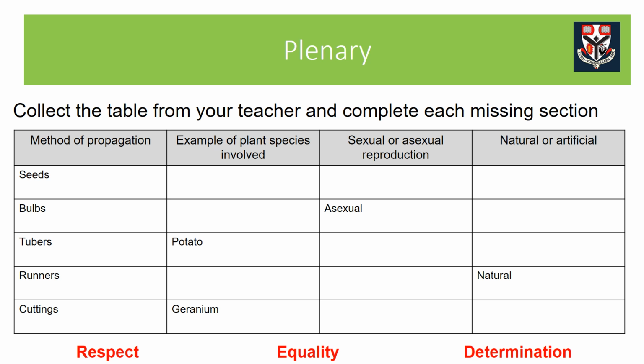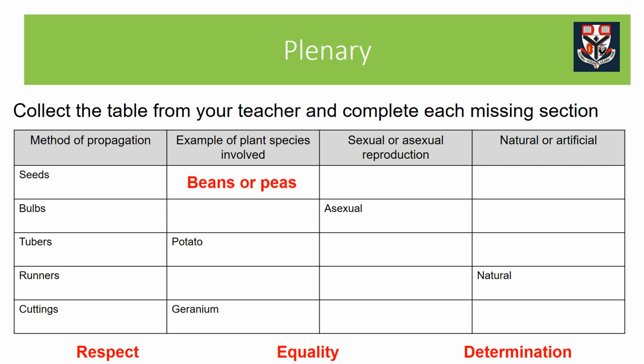In terms of a plenary, complete the table as seen in front of you. The answers to this table will appear in the next slide. When completing the table, you are comparing the different types of propagation methods that we've explored during this video.